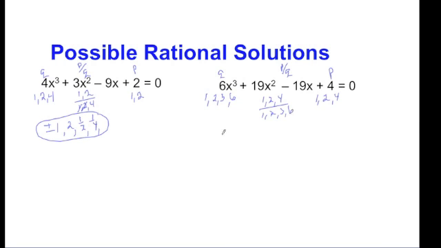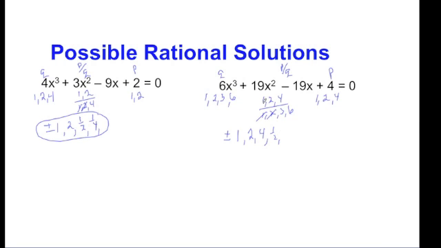Now using that, plus or minus, because it could be either, 1 divided by 1 is 1, 2 divided by 1 is 2, 4 divided by 1 is 4. Done with the 1. Now the 2. 1 divided by 2 is 1/2. 2 divided by 2 is 1. 4 divided by 2 is 2. And we're done with this 2.